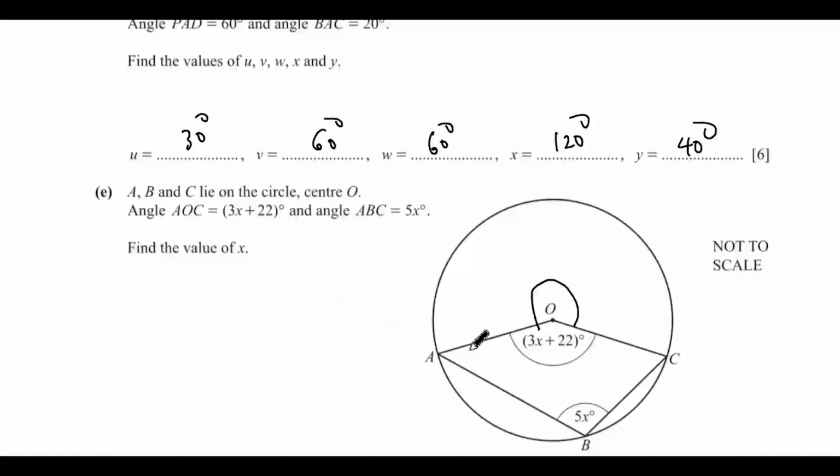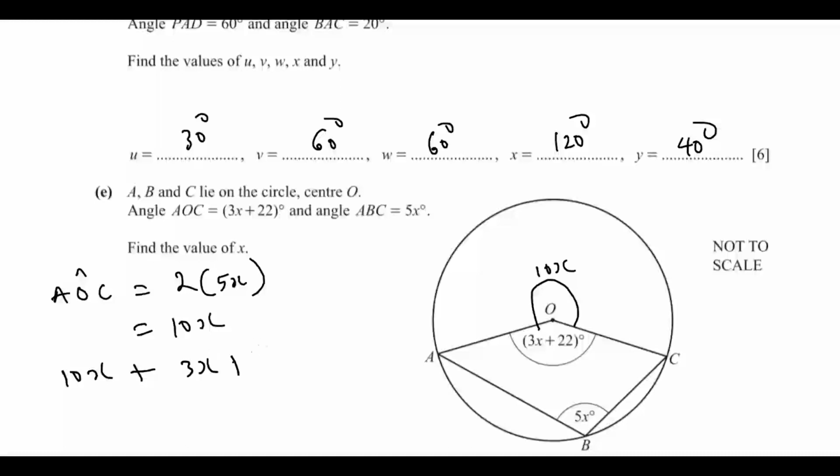From there we can find the reflex angle AOC. Reflex angle AOC will be equal to 2 times 5x, so that will be 10x. We know that these two angles, the reflex angle AOC and the obtuse angle AOC, add up to 360 degrees because they are angles around a point. So I can say that 10x plus 3x plus 22 equals 360 degrees.